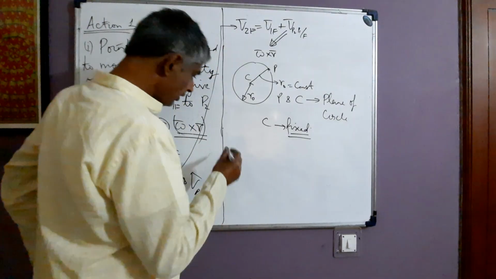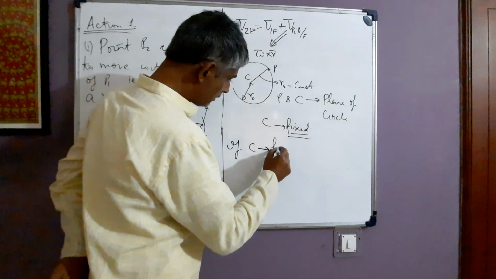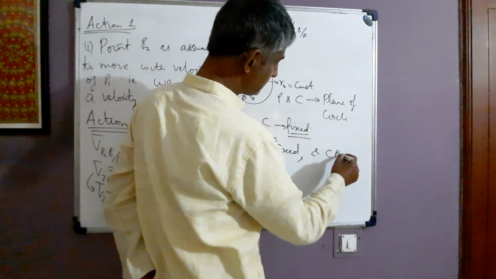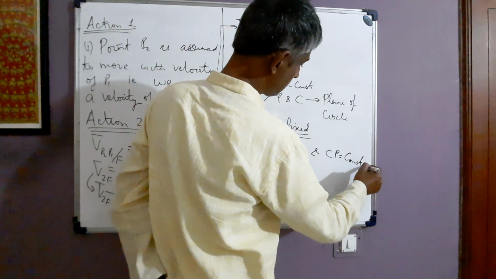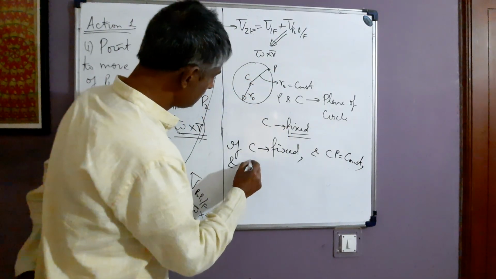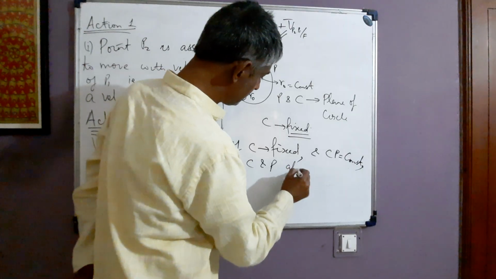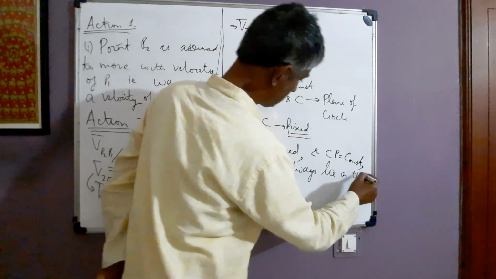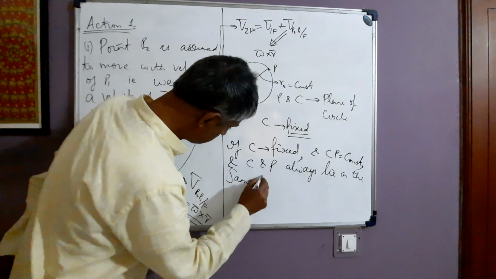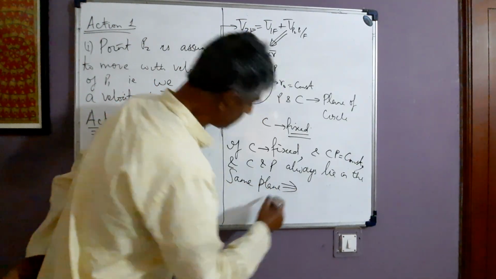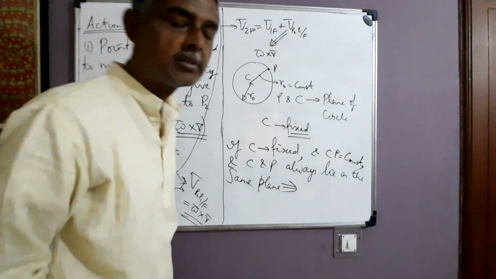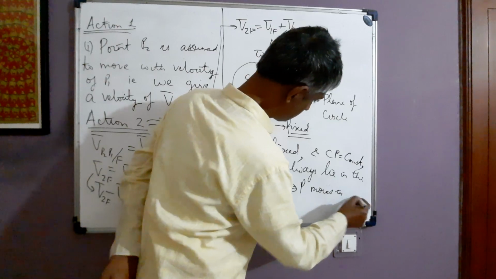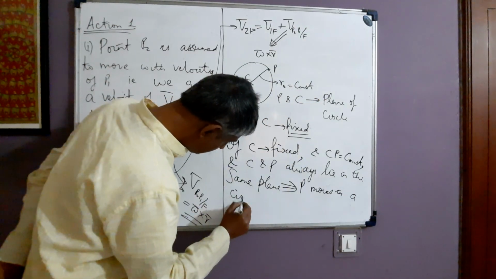So if C is fixed and distance CP is constant and C and P always lie in the same plane, it implies that P moves in a circle with center at C.